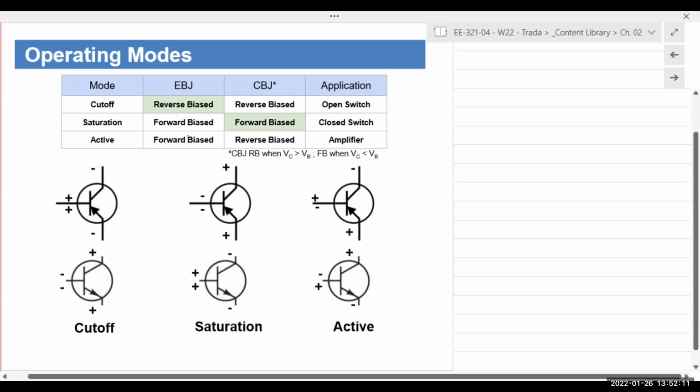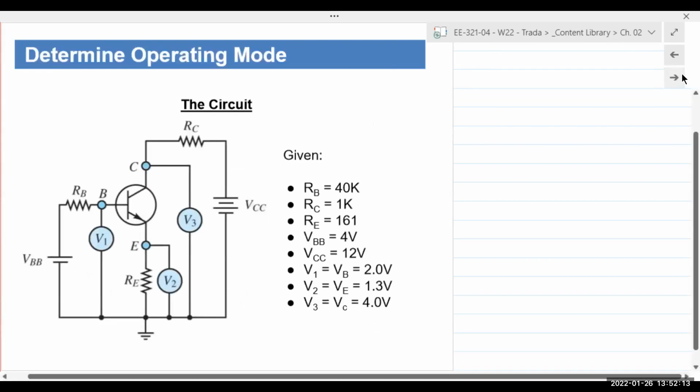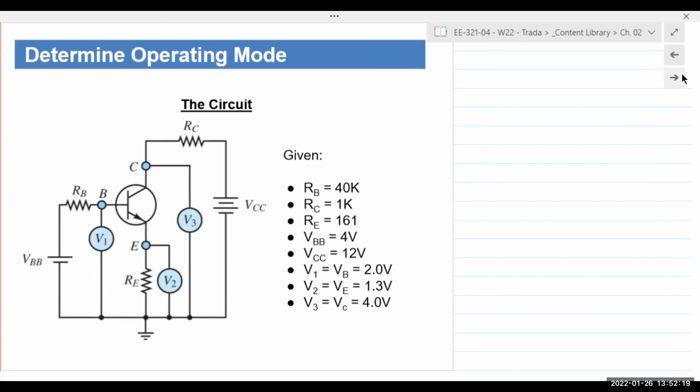All right. Let's see. So if you want to determine the operating mode for a circuit, what do we need to do? Well, we don't need to analyze everything in detail, but just in general terms. Exactly.